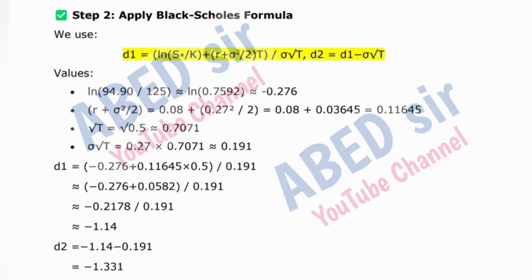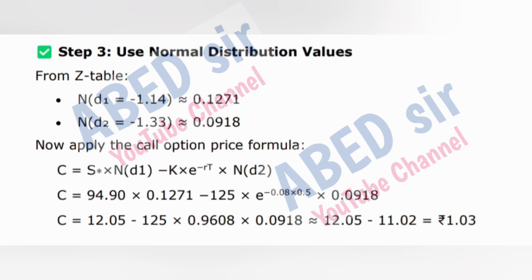Step 2. Apply Black-Scholes formula. We use values. D1 is equal to 1.14. D2 is equal to 1.331. Step 3. Use normal distribution values. From Z table, N of minus D1, minus 1.14, is 0.1271.